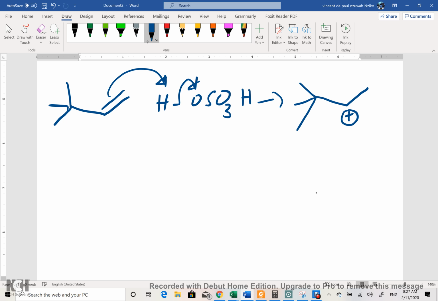That's the carbocation. I will stop at the level of the carbocation. And you can see that's a secondary carbocation next to what kind of center is this? Next to quaternary center.